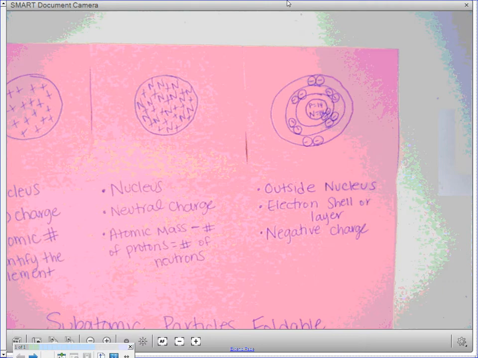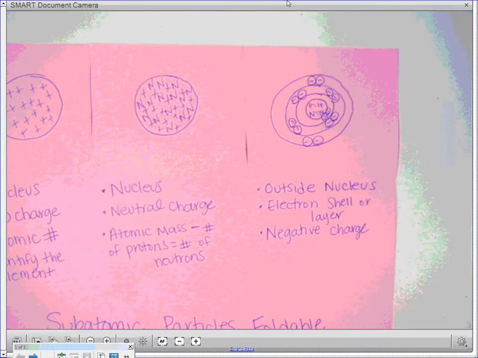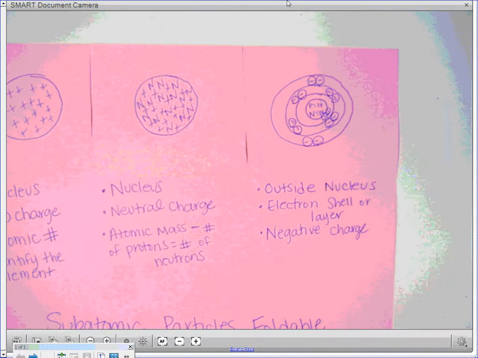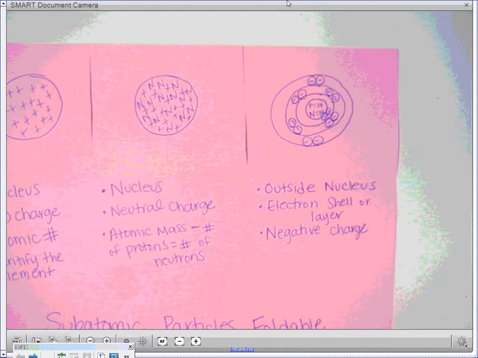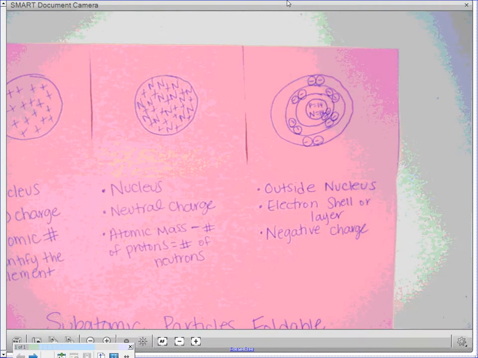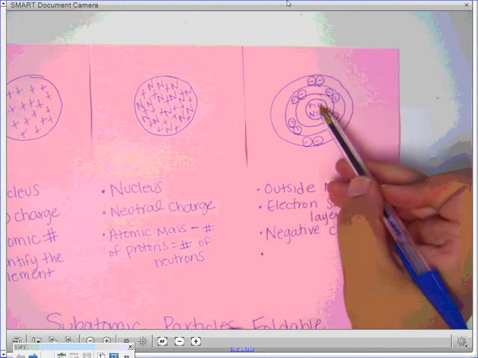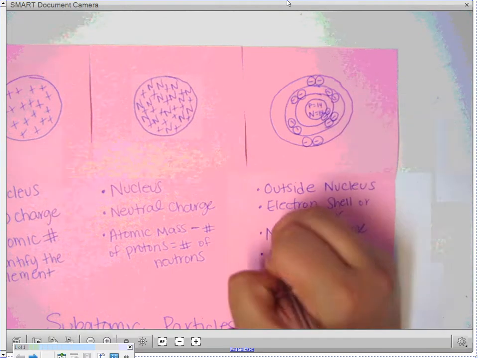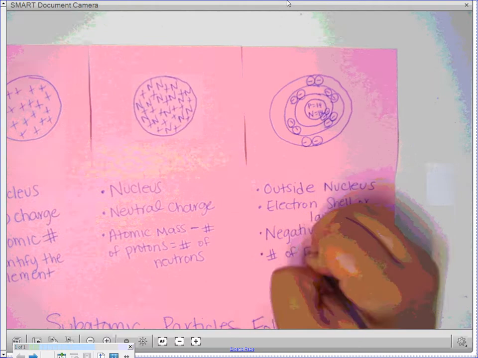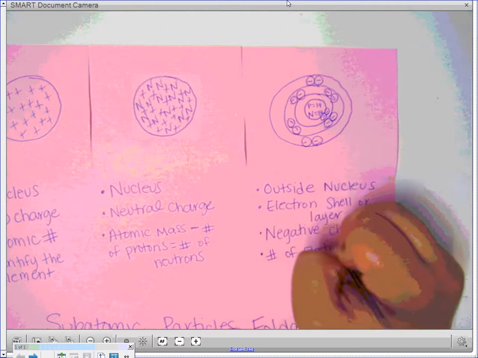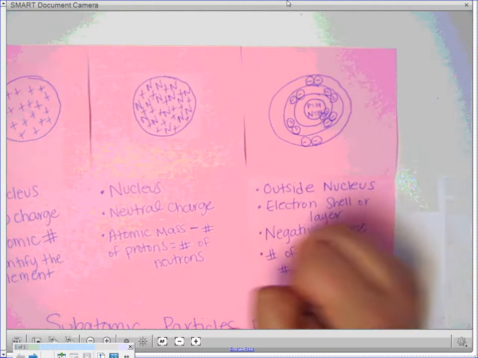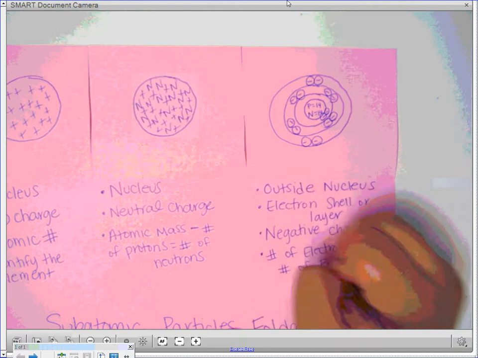So what else did we say on our foldable? The relationship between electrons and protons. Since I have 14 protons and I have 14 electrons, we can say that the number of electrons equals number of protons.